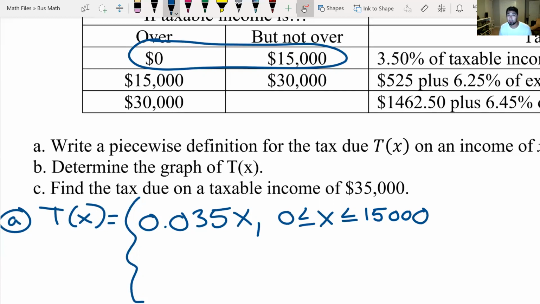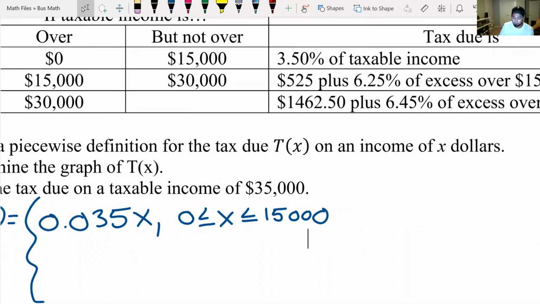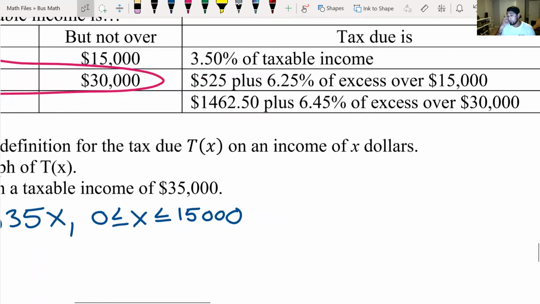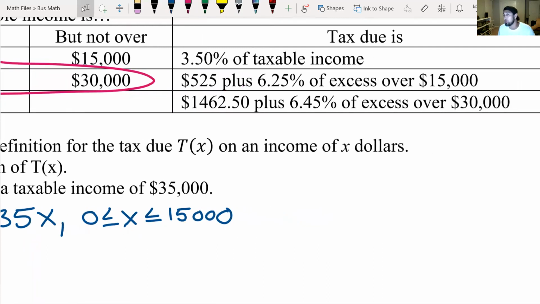Then for the next piece, it says if we make between $15,000 and $30,000, we will pay $525 plus 6.25% of excess over $15,000. Oof. All right.